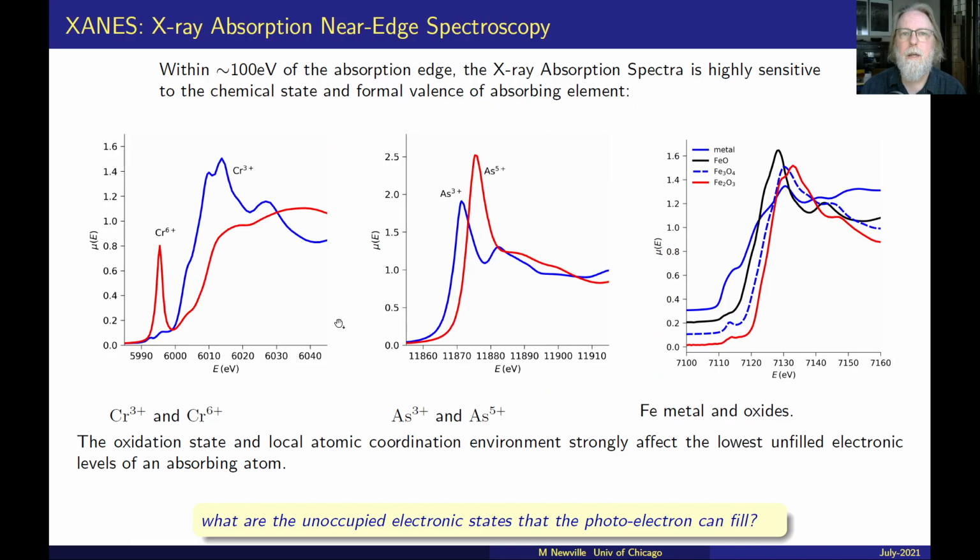In fact, if we look at the near edge structure for a few candidate atoms, we can see that it's very sensitive to the chemical state and formal valence of the absorbing element. So here's chromium, 2 oxidation states, chromium 3+ and chromium 6+, and their XANES spectra are remarkably different. Similarly, arsenic 3 and 5 are easy to tell apart.